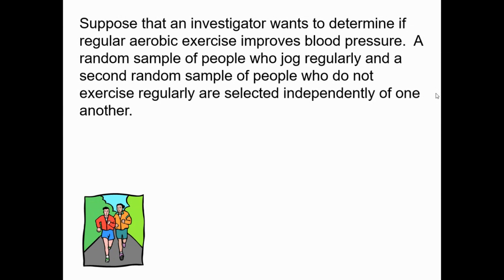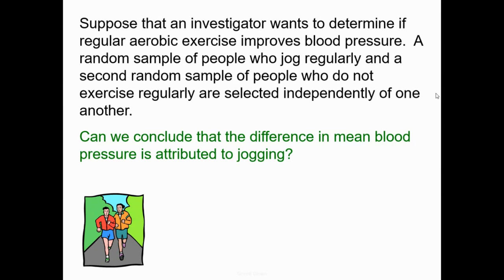You said just go with this? All right, yeah, we're just setting the stage for what is on your notes. So based on this example, can we conclude that the difference in average blood pressure is due to jogging? What do y'all think?